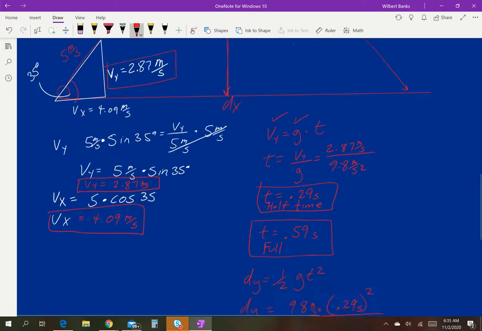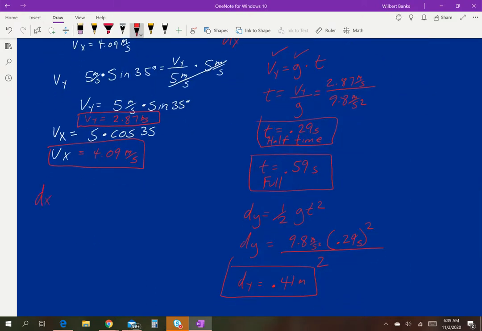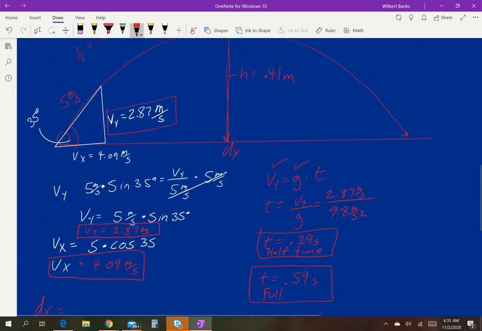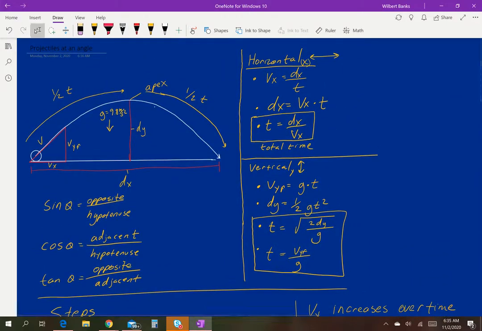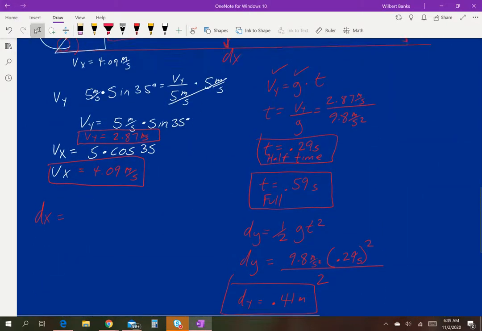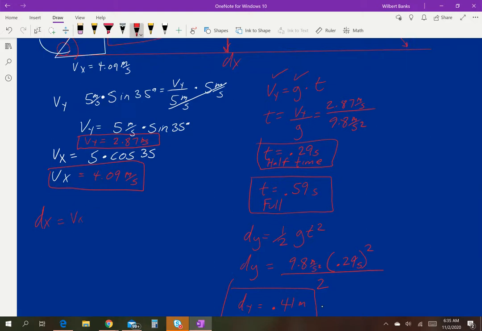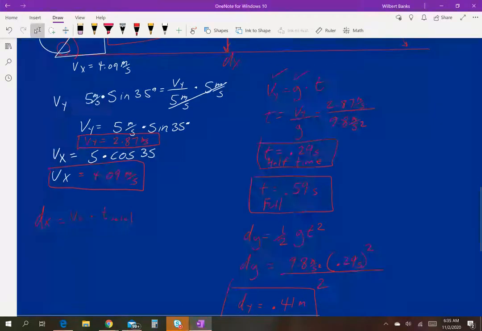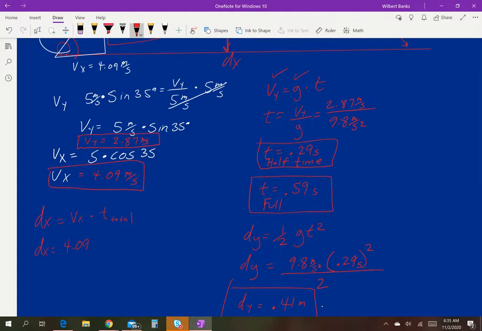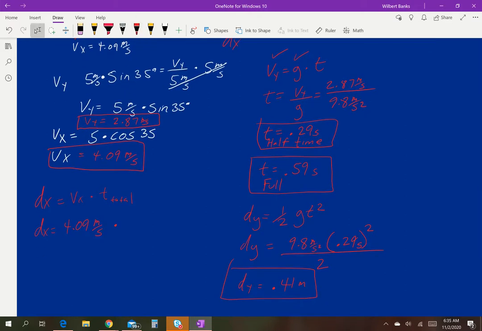And now the last thing I need to figure out is my dx. How far across is it going? Remember, going back to my equation, solving for dx equals vx times t, and that's going to be my total time. And remember my vx, I solved by using my triangle, so about 4.09. So dx equals 4.09 meters per second, and my total time is 0.59.